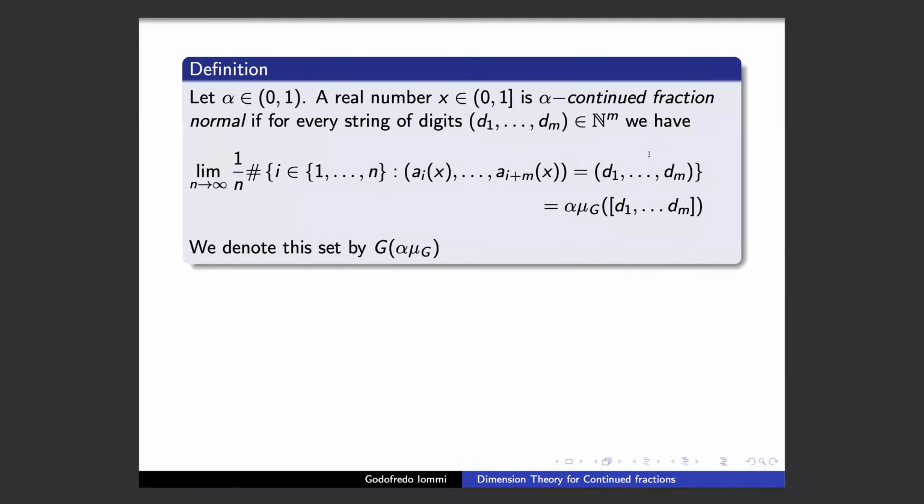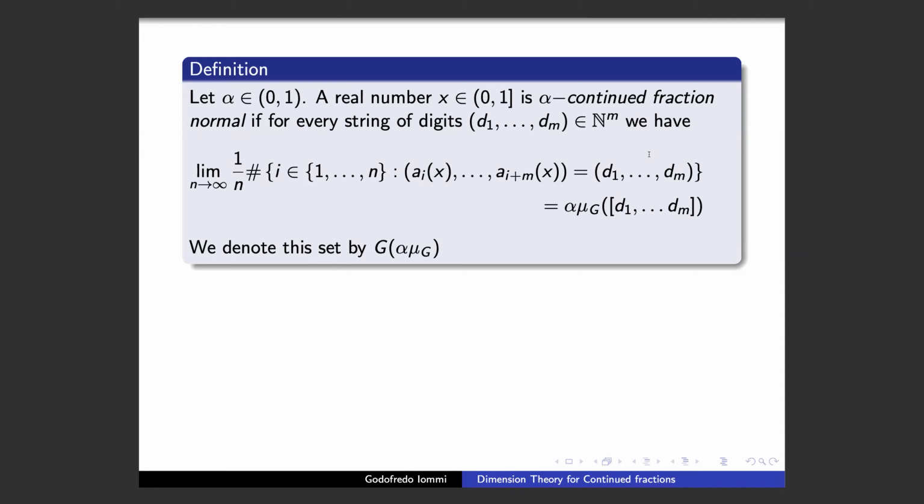We say that a number is alpha continued fraction normal if the frequency of appearance of every string in that number is alpha times what is predicted by the Gauss measure. So if alpha is 1/3, the frequency of appearance of every string will be 1/3 of what you have in a normal number, okay? And we denote that set by G times alpha mu G.